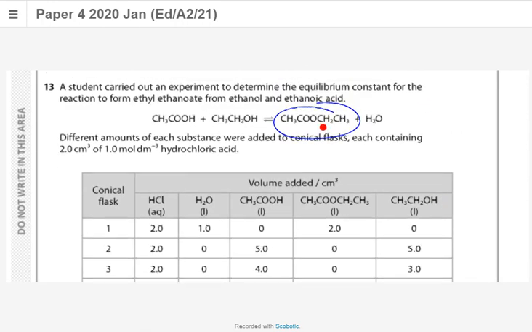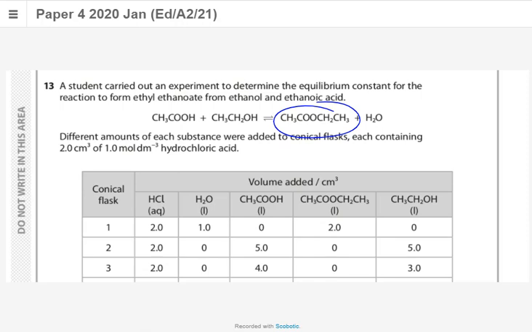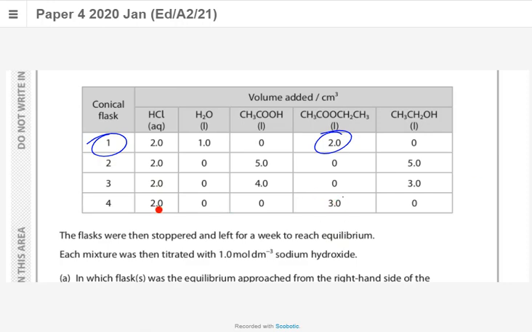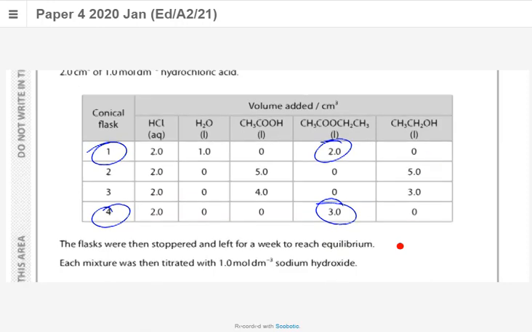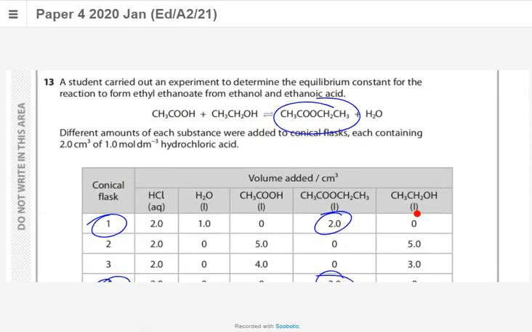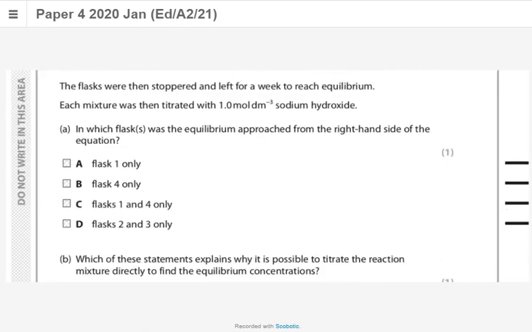That means equilibrium started from the product. No reactants: conical flask 1. Conical flask 4, no, that means you added the product. Product will break down, not the reactant. So 1 and 4. Answer is C.